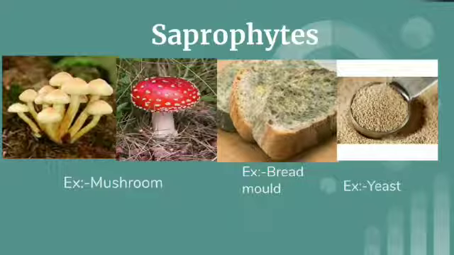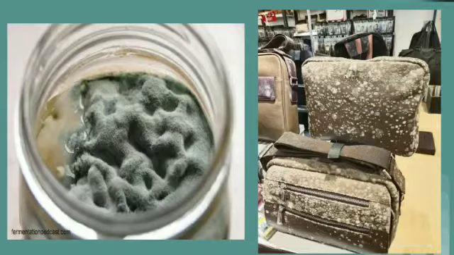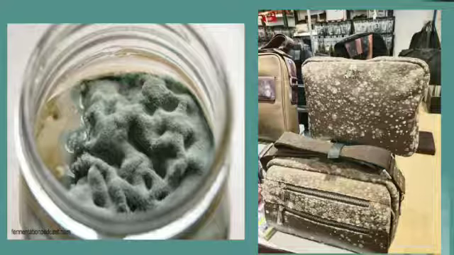The saprophytic fungi secrete digestive juices on the dead and decaying organic matter and convert it into solution. They absorb the nutrients from the solution. The mode of nutrition in which plants take nutrients from dead and decaying organic matter is called saprophytic nutrition.